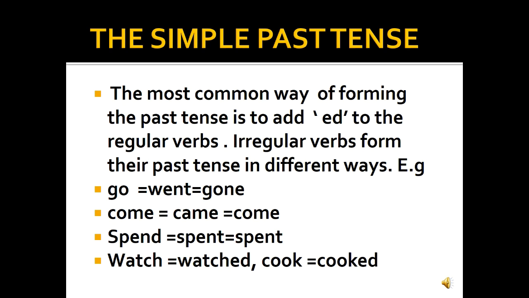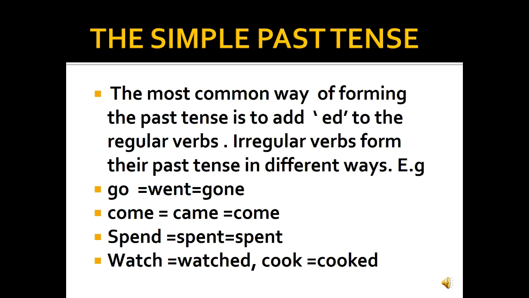Then we have spend, which is the present; the past tense is spent, and the past participle is spent. Then watch, which is present, watched with ed is past tense, and watched is past participle. And cook, present; cooked, past; and cooked is past participle.